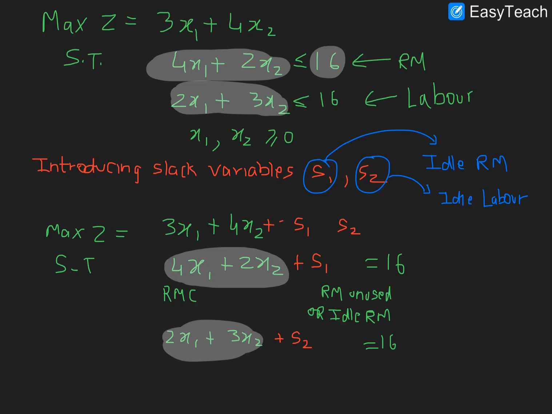So we say plus 0 S1 because we don't get any profit, plus 0 S2 again because we don't get any profit on the labor hours. When I'm keeping the resources idle, I'm not going to gain or lose anything unless there is some opportunity cost, or I'm going to pay something extra. But definitely that's 0 S1, 0 S2, where no profit or no cost is involved, and therefore we assign the values 0 over here.